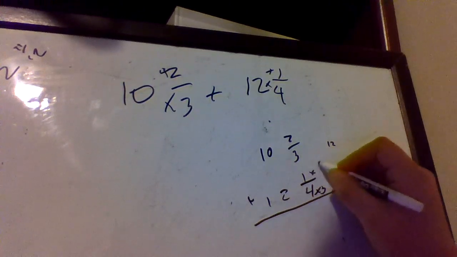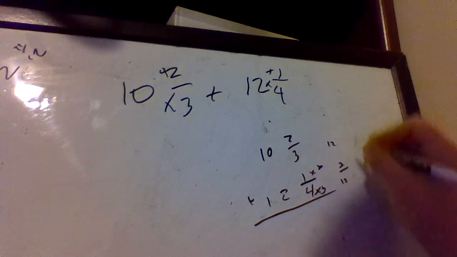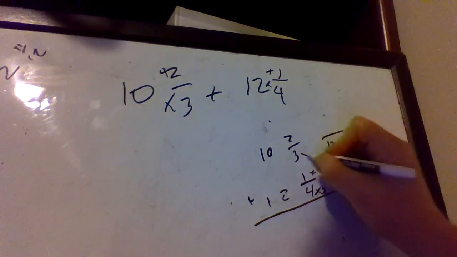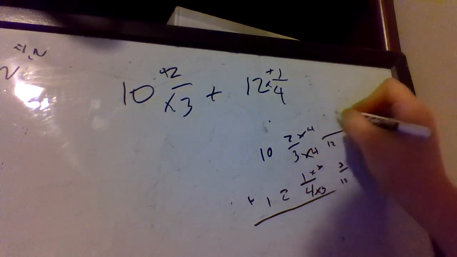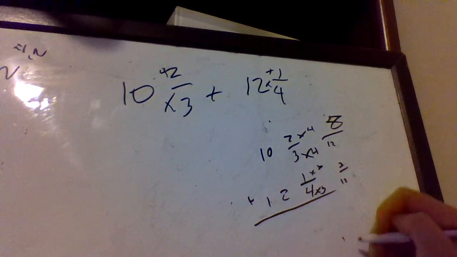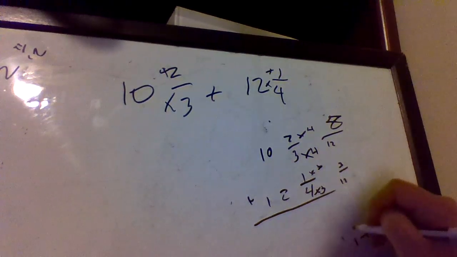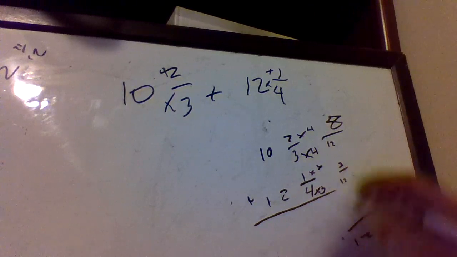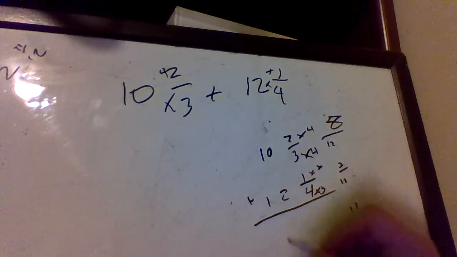And 1 times 3 is 3. 3 times 4 is 12, and 2 times 4 is 8. So, we keep our bottom number, we keep our denominator, and we add our numerators. 8 plus 3 is 11. And now 10 plus 12 is 22.